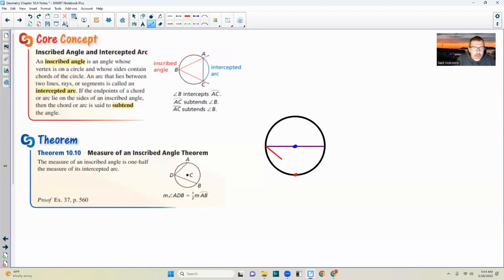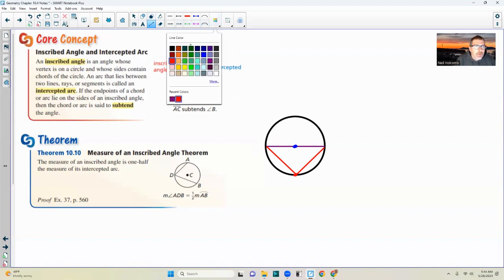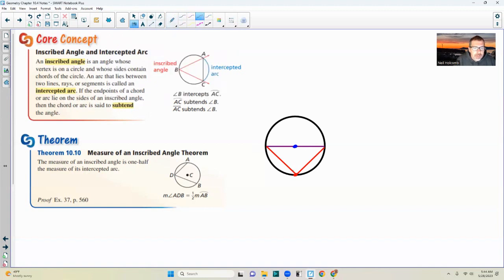And if I draw a chord from the ends of the diameter, okay, well, this is 1/2 of a circle, 180 degrees. So what I just did was I put an inscribed angle from this point on the circle where its endpoints are the ends of the diameter. Well, I know that this is 180 degrees, and therefore this angle is 90. So it's half the intercepted arc, and that's the easiest way to explain it.